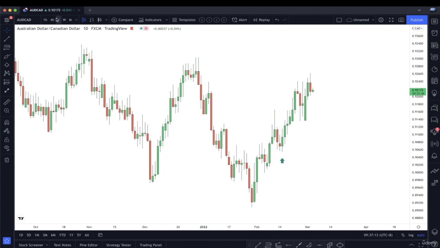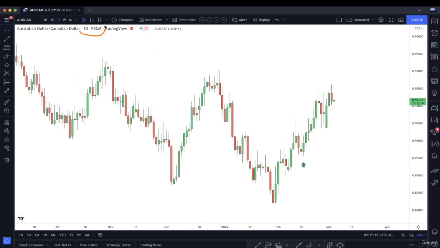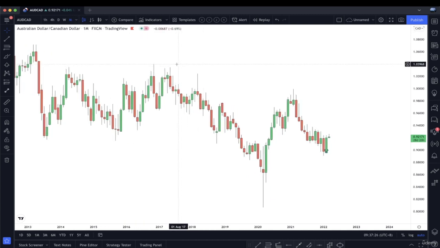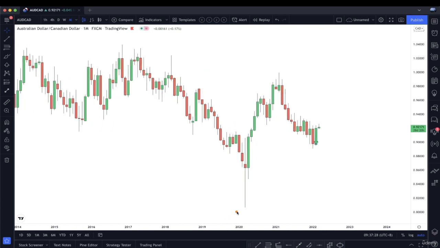So I took the trade on the daily time frame, but we're going to start with the monthly time frame for our analysis and bias creation. On the monthly time frame, as we can see, this recent move upside is very impulsive. We are coming from a downside move.